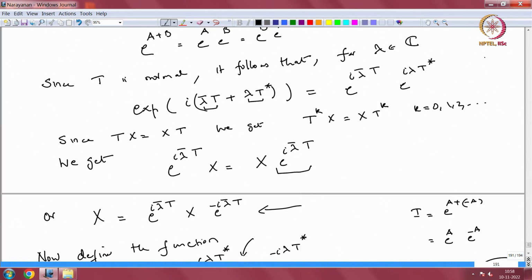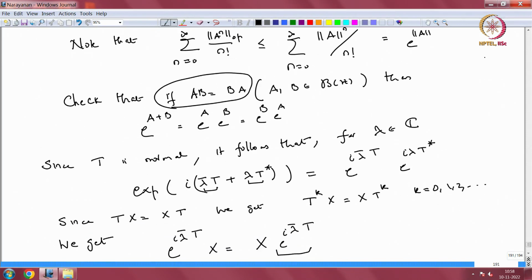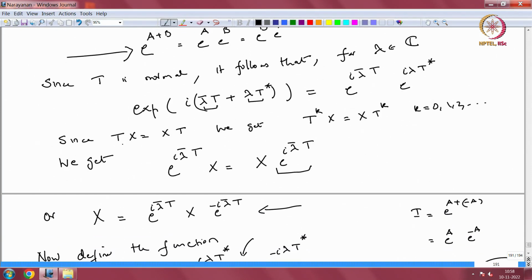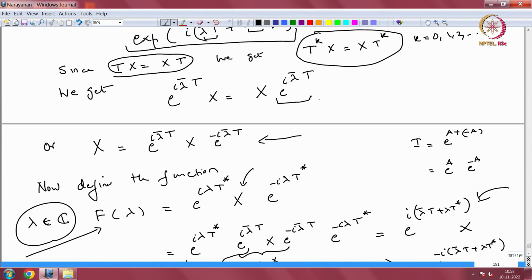We defined the exponential of an operator. So, we had the exponentials commuting if the operators were commuting, and since T is normal, it follows that the exponential of i(lambda bar T plus lambda T star) is the product, because T and T star commute, and since Tx equals xT, we get that for all polynomials in T, x will commute with that, and so we can write it for exponentials as well, right.